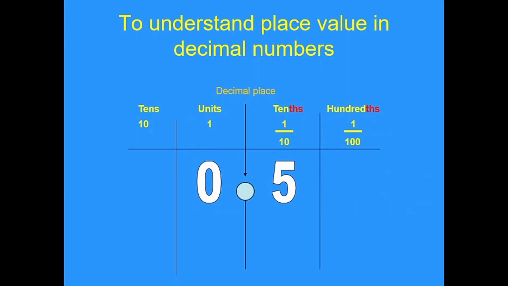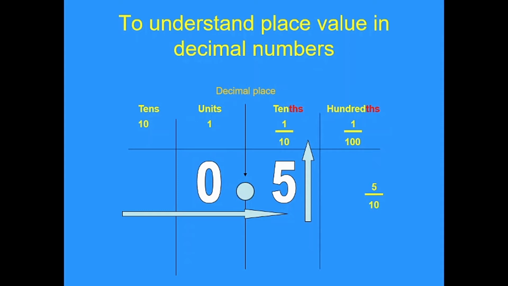Now, I will be teaching you how to get the value of our decimal. Let's begin with tenths. We have 0 and 5 tenths. 5 is under tenths place. So 5 times 1 over 10, the answer is 5 over 10.